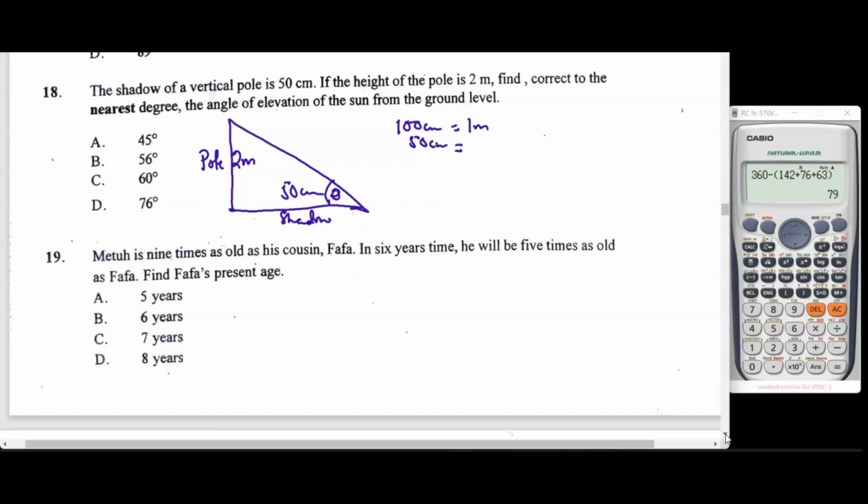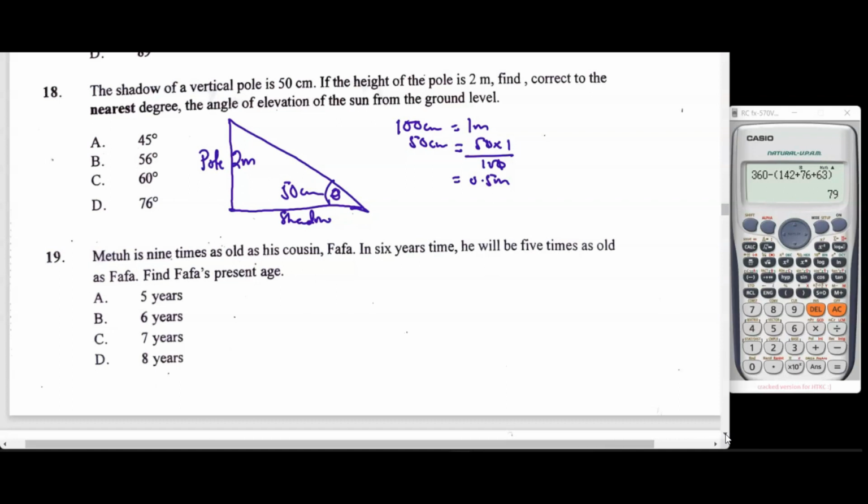So that is going to be 50 times 1 divided by 100, and that's going to give us 0.5 meters. Going further, you could have also changed the meters to centimeters, then you can easily work it out. So our 50 centimeters is 0.5 meters.